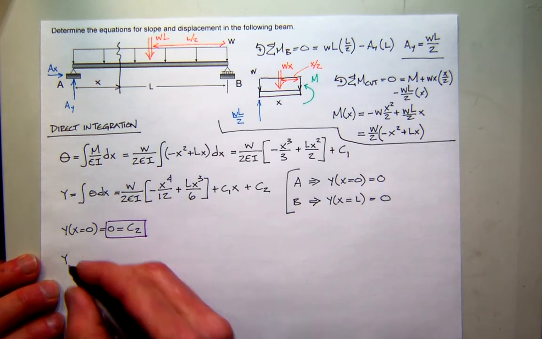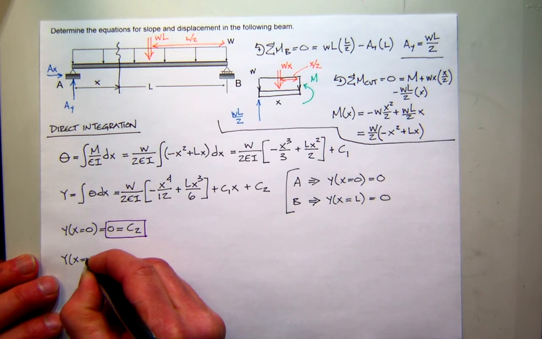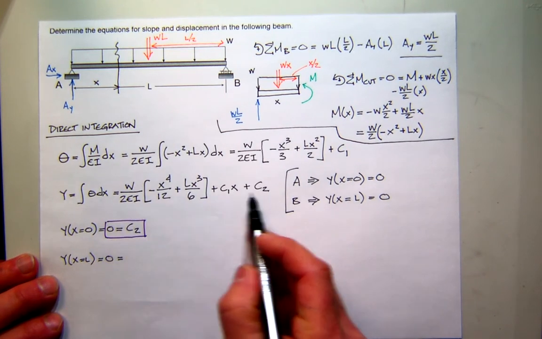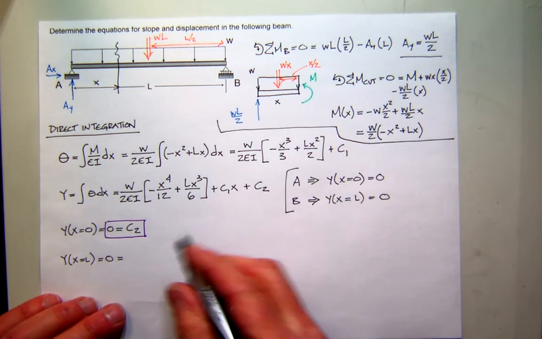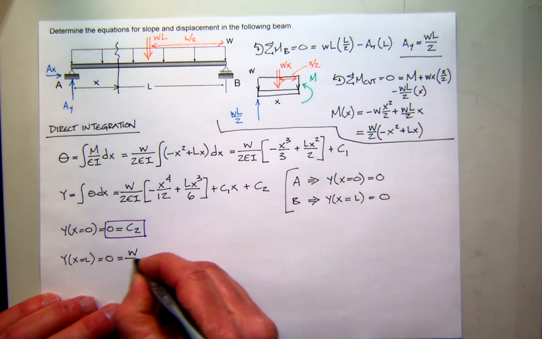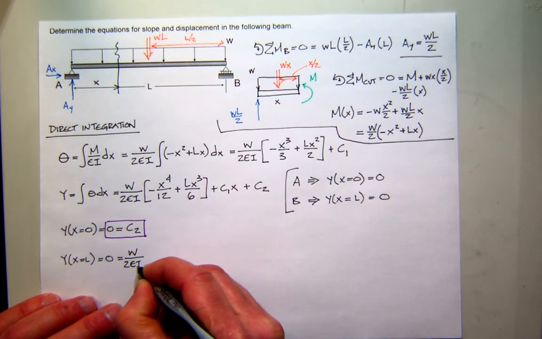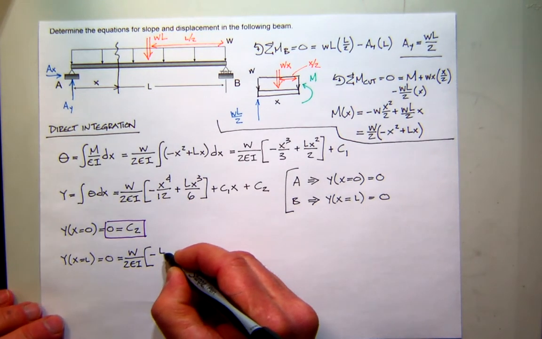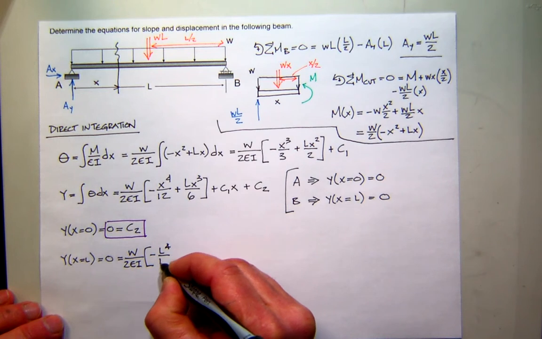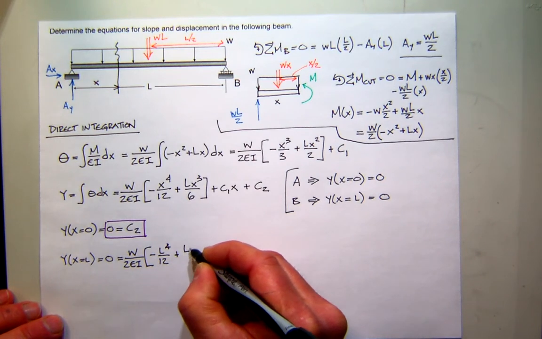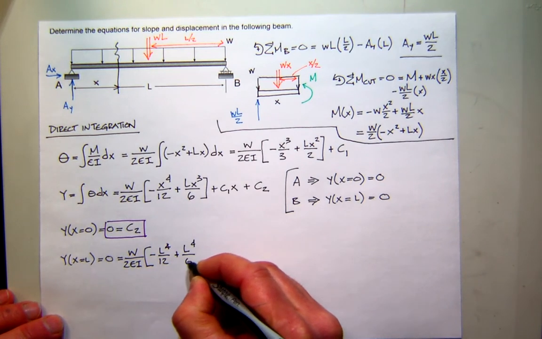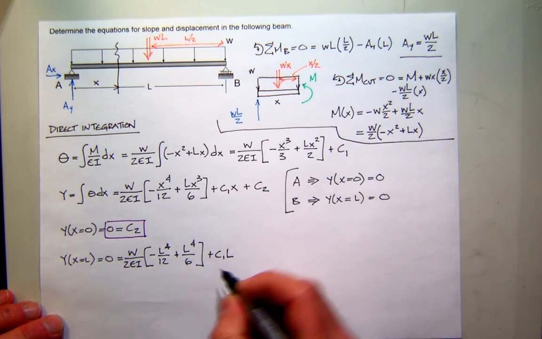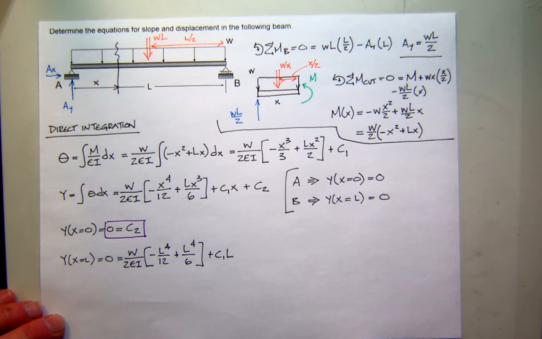No. So at x equal L, we also know the displacement's equal to 0. Let's see what happens when we evaluate this at x equal L. So we get W over 2EI times, at x equal to L, L to the 4th over 12 plus L to the 4th over 6 plus C1L, and that should be equal to 0.